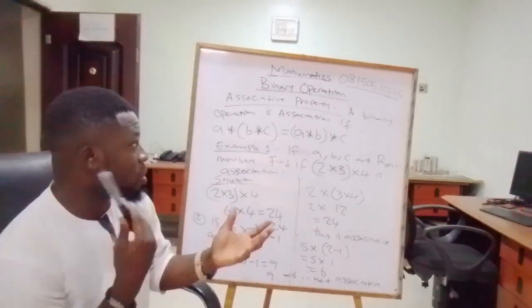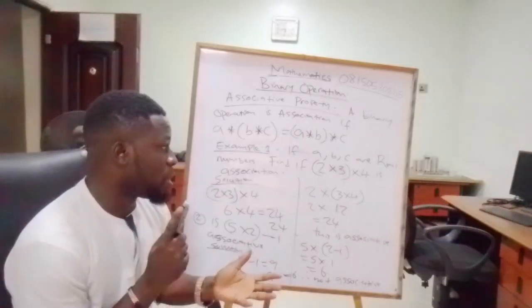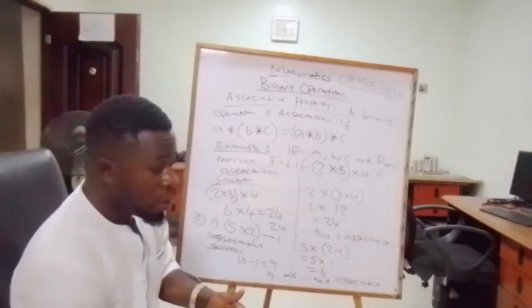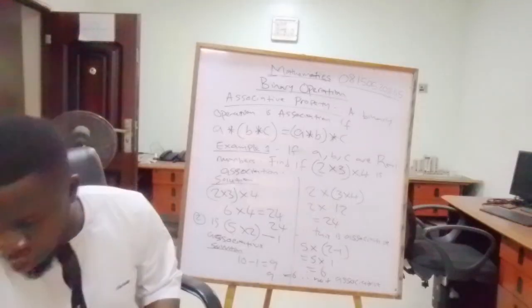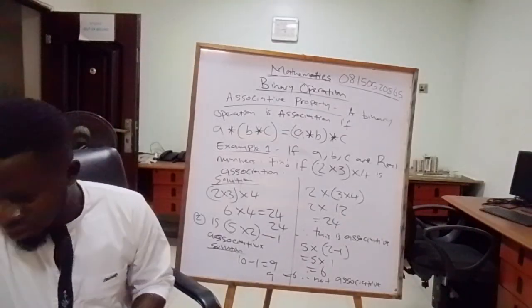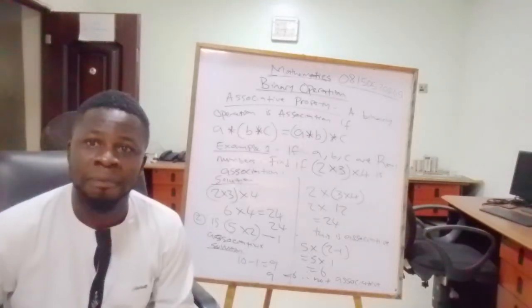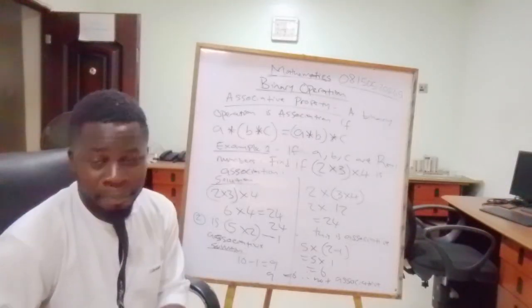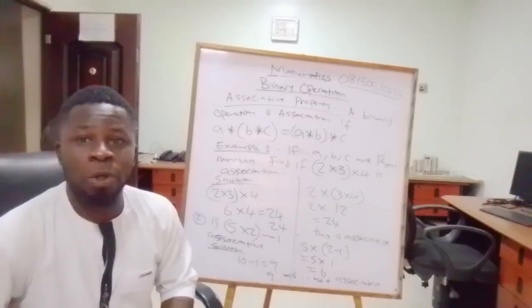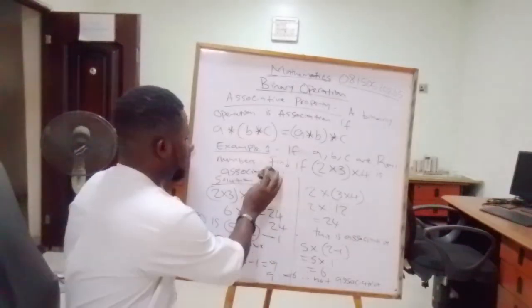So we've talked about the definition, we've talked about some properties. So let's go into more properties. Maybe in part 2, we will be solving past questions on binary so that you know how to attempt them.